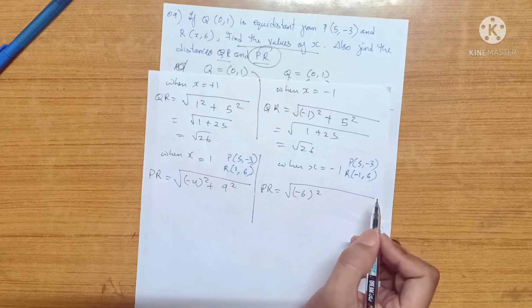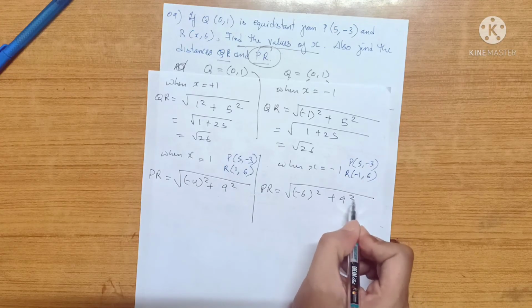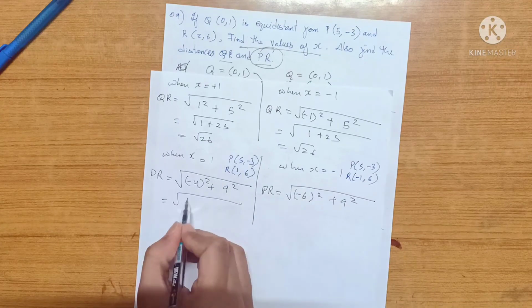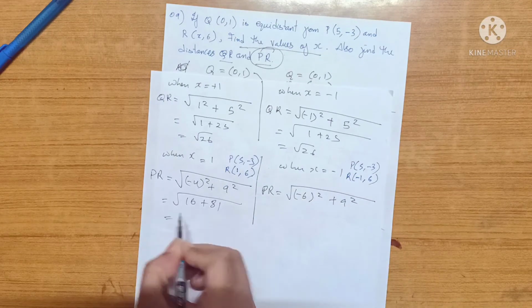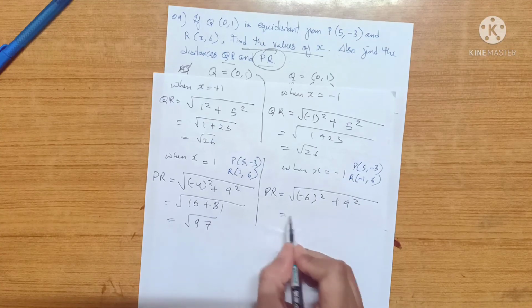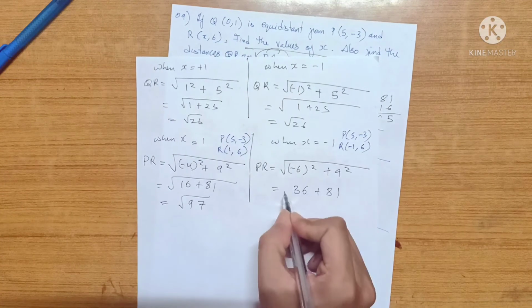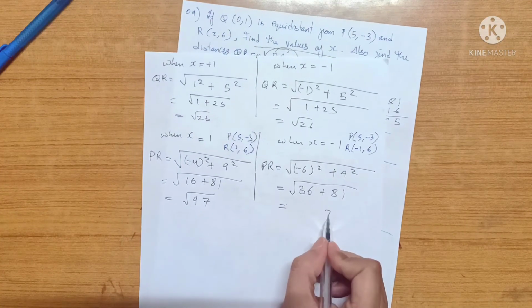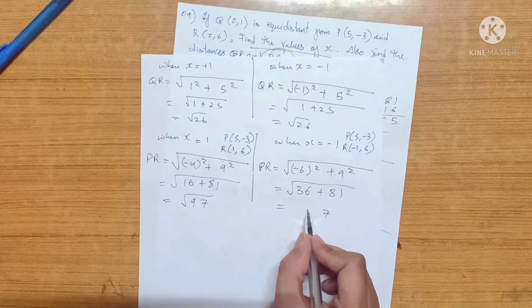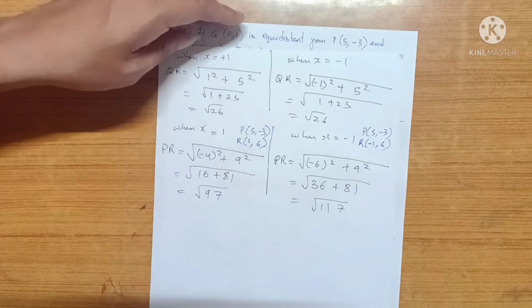Minus 1 minus 5 is, yeah, minus 6 square. And then 6 minus minus 3, so this is also 9 square. So this we're getting 16 plus 81, which is 97. And this one we're getting 36 plus 81, which is 117. So we're getting different answers in this case.